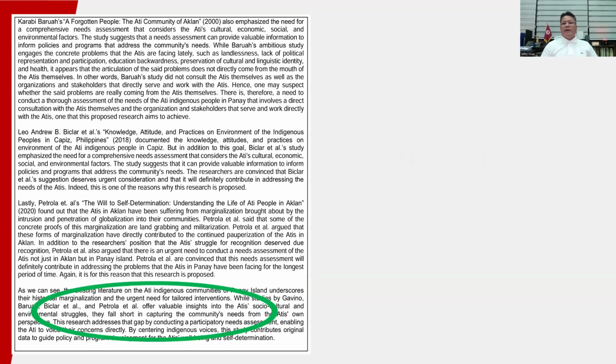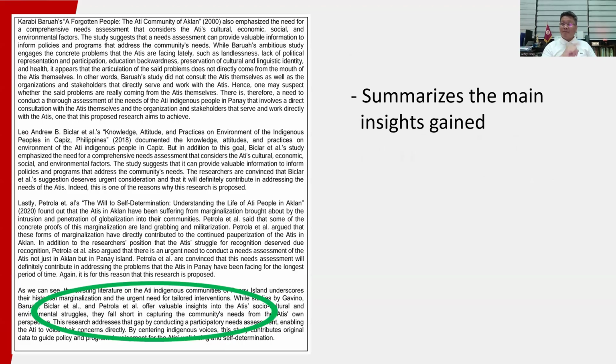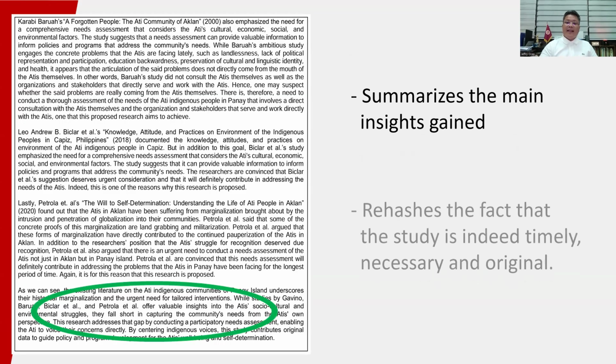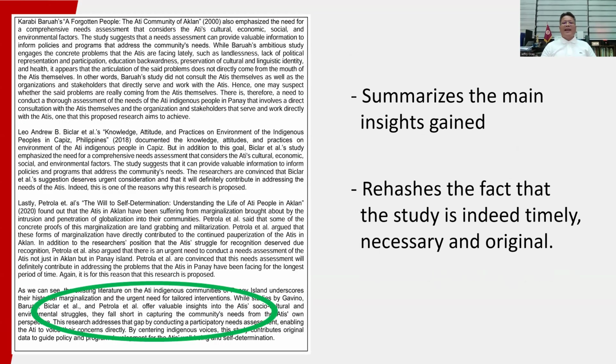Here, we summarize the main insights gained from the body of the lit review. And then we rehash, we mention again the fact that our study, needs assessment of the Ati people in Panay Island, is indeed timely, necessary, and original.